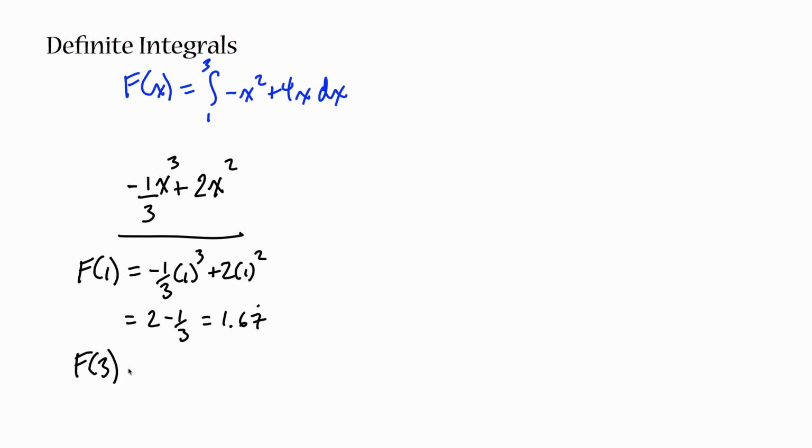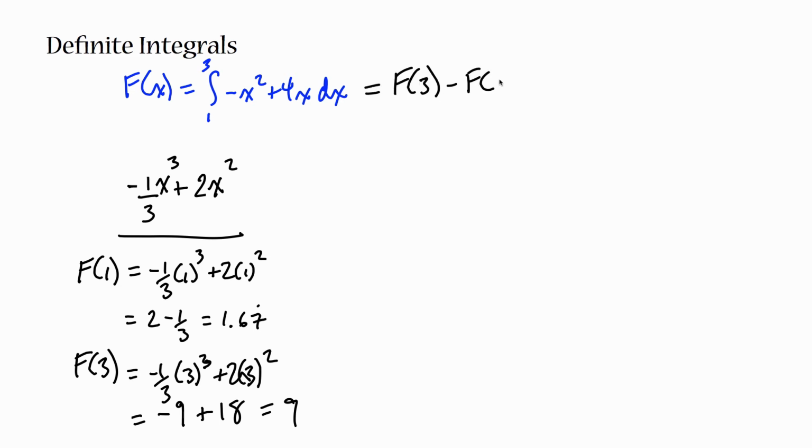And the function at 3 is negative 1 over 3 times 3 cubed, plus 2 times 3 squared, which is going to be negative 9 plus 18, which is 9. My solution up here is going to be f of 3 minus f of 1, which is equal to 9 minus 1 2/3, which is 7 1/3.